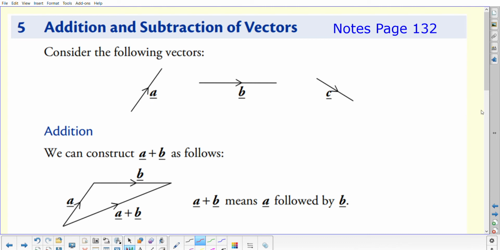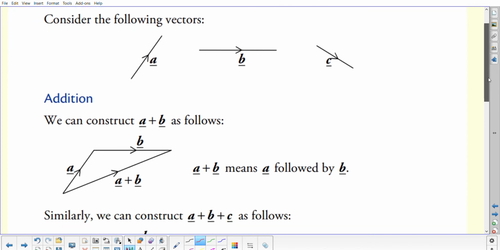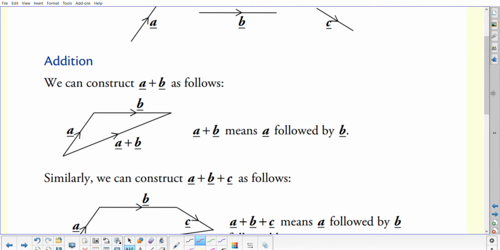Something that you again met in National 5 was how we add and how we can actually subtract vectors from each other. So we can do this on a diagram.